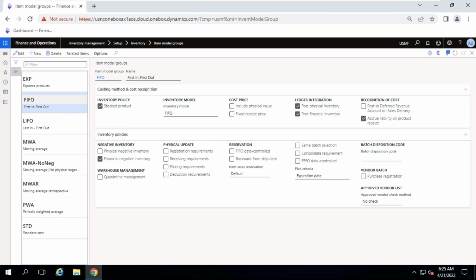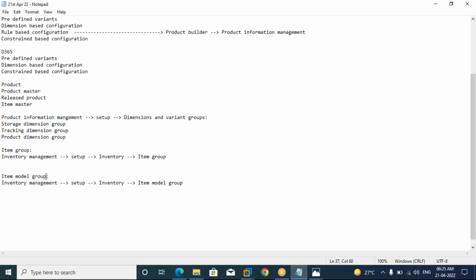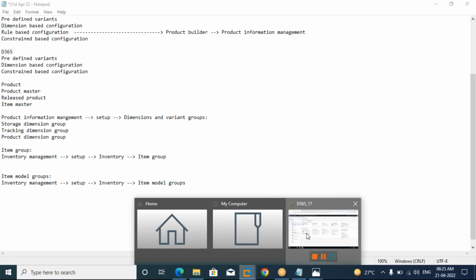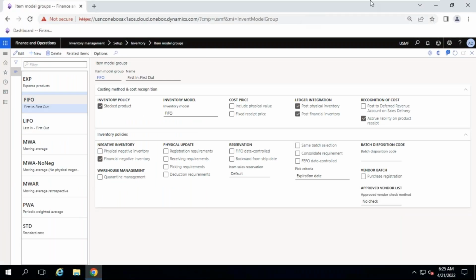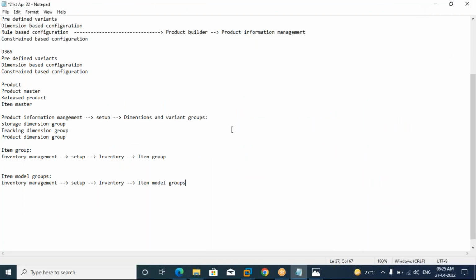Okay, this one. So item model groups look like a small form, a small screen. What does this mean? In a small note, it is used to arrive at closing stock valuation. To arrive at closing stock valuation, we can use this item model group.